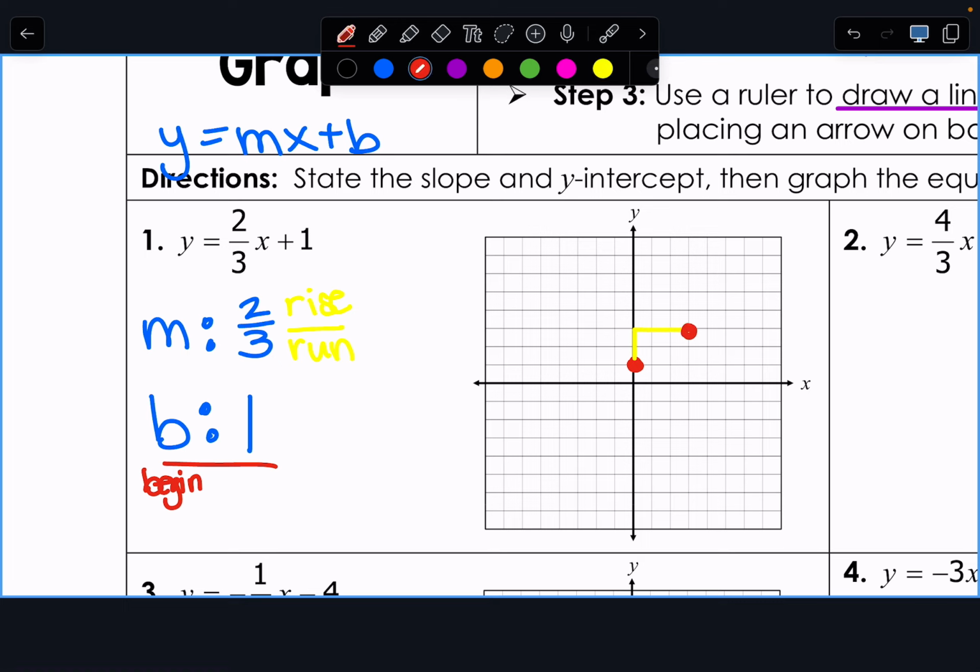And there I'm going to make a new coordinate. Technically, you only need 2 points to form a line, but it would not be a bad idea to graph more than one just to help you make a straight, beautiful line. And that's it. So we figure out which one's M, which one's B. B is where we begin on the y-axis, and then we count our slope. This was a positive slope. Our line should look like it's rising from left to right.